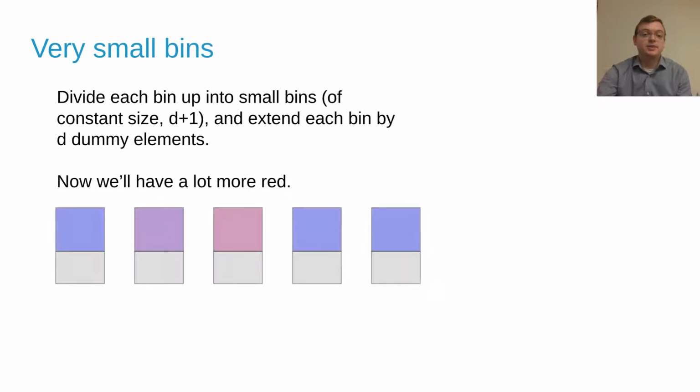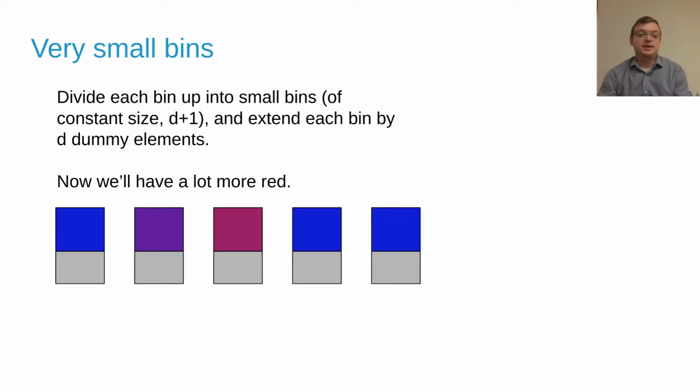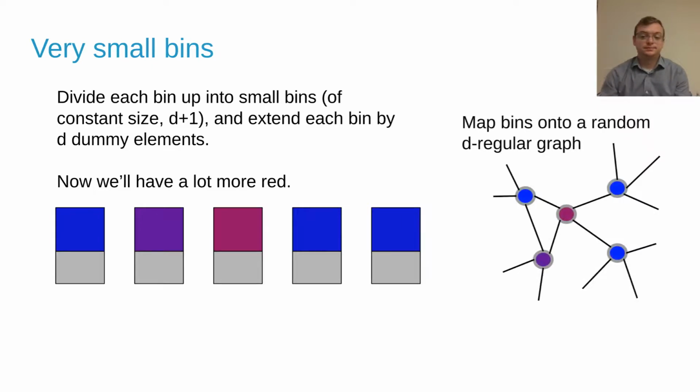Next, for each of those bins, we divide them up again into even smaller bins of constant size. Now, if at the level above we have some constant, even very low density, we cannot stop some of these little constant size bins from having a lot of red. That's inevitable. But what we do is we pad each of them with some dummy elements, and we throw them into a random regular graph.